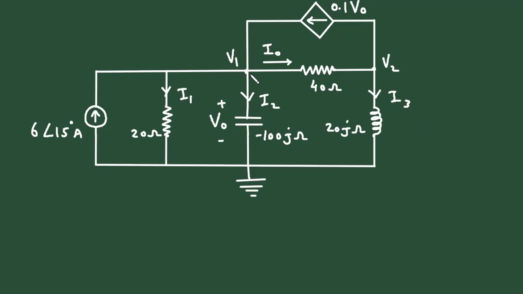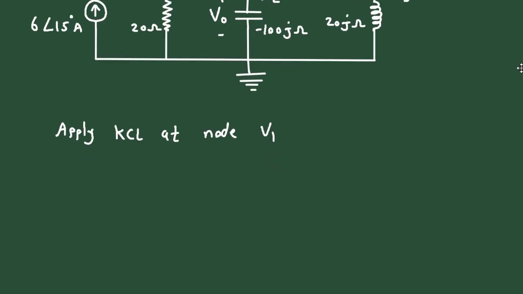So now we will apply KCL at node V1. According to Kirchhoff's current law, the summation of all the currents entering a node is equal to the summation of all the currents leaving the node.